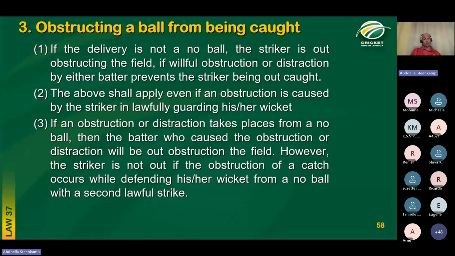But the law goes on by telling us, if an obstruction or distraction takes place from a no ball, then the batter causing the obstruction or distraction will be given out obstructing the field. However, the striker is not out if the obstruction of a catch occurs while defending his or her wicket from a no ball with a lawful second strike.